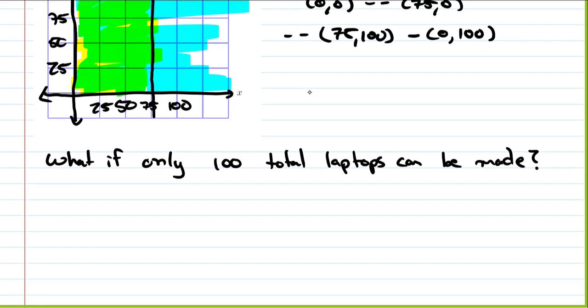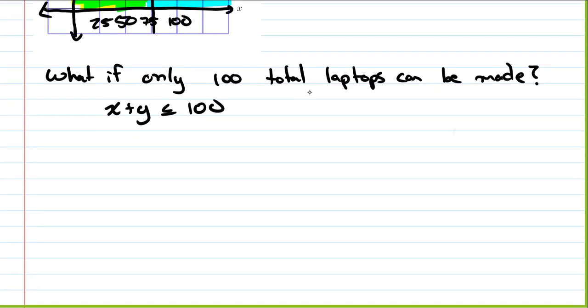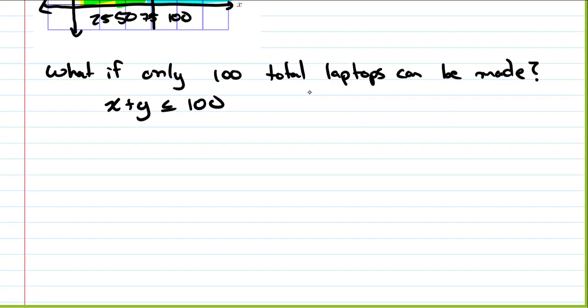Well, that would tell us then that x plus y would have to be less than or equal to 100, because x is the number of E271s and y is the number of P314s. So if we can only make 100, then x plus y has to be less than or equal to 100.